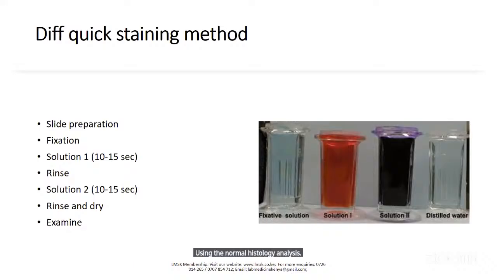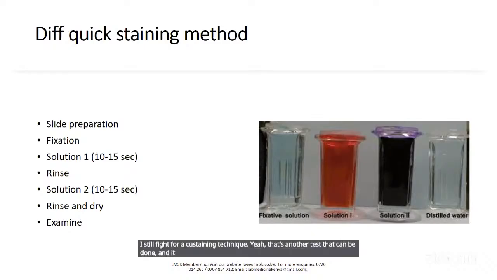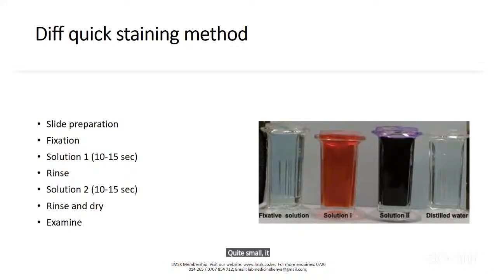And if by any chance you have Fite, I know most people don't do Fite. You do Fite-Faraco staining technique? That's another test that can be done, and it's actually more sensitive than the routine Ziehl-Neelsen.